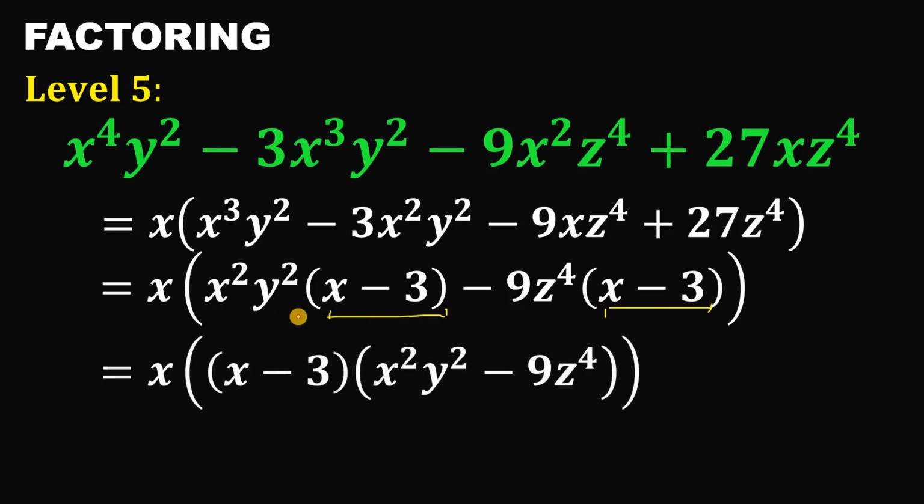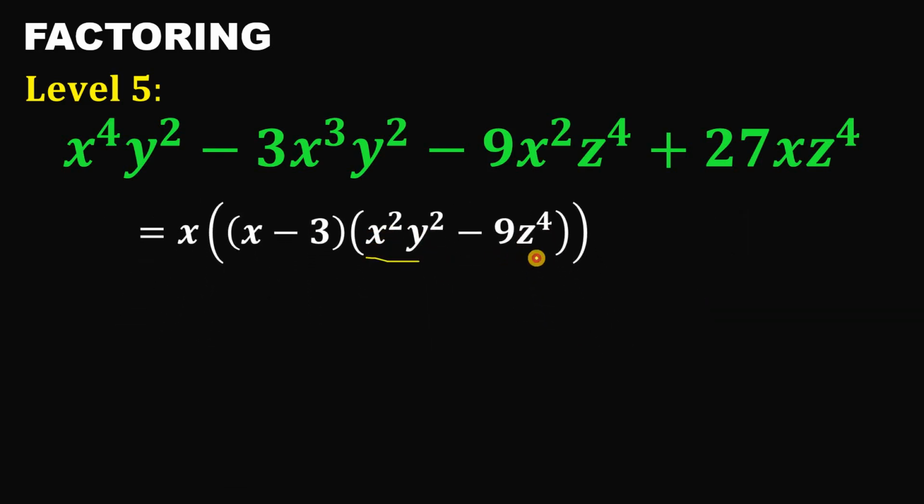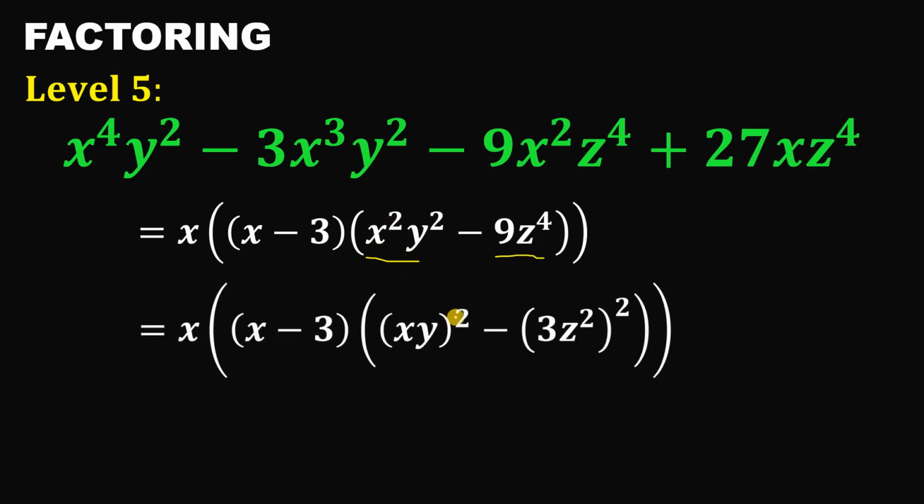So again, factor out the common factor x minus 3. So we have x minus 3 multiplied by the remaining term x squared y squared minus 9z raised to the fourth power. Now at this point, let's focus on this result, x squared y squared minus 9z raised to the fourth power. x squared y squared, we can rewrite as xy raised to the power of 2. And this 9, we know is 3 squared, so we can rewrite this as 3z squared raised to the power of 2.